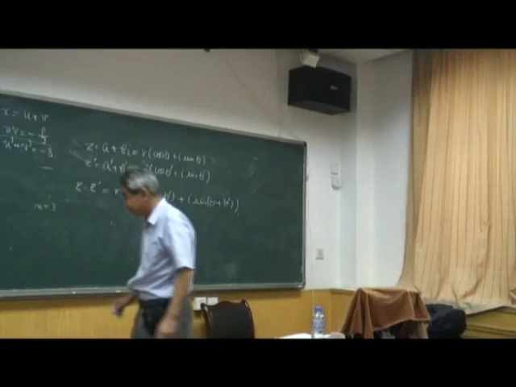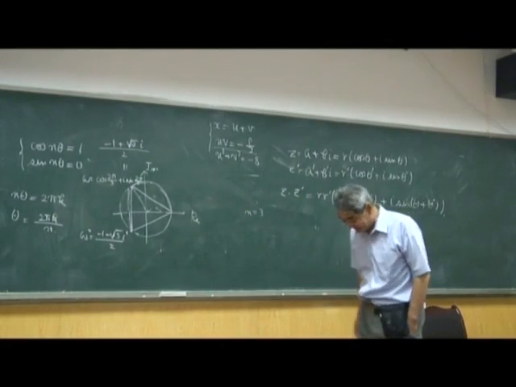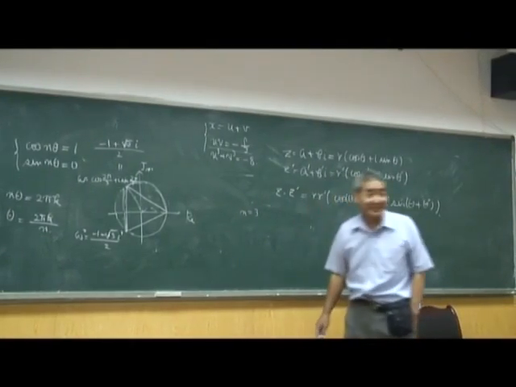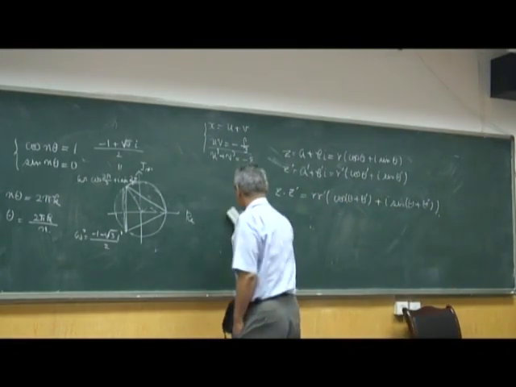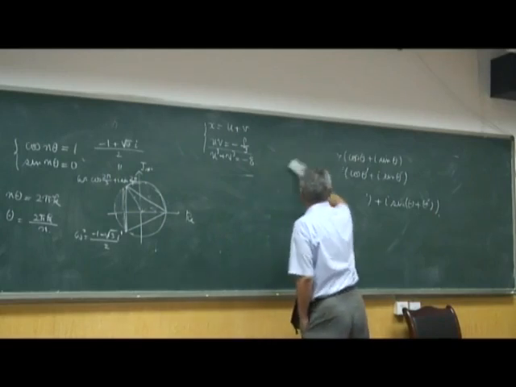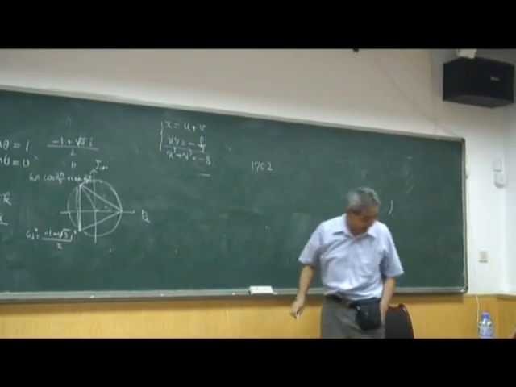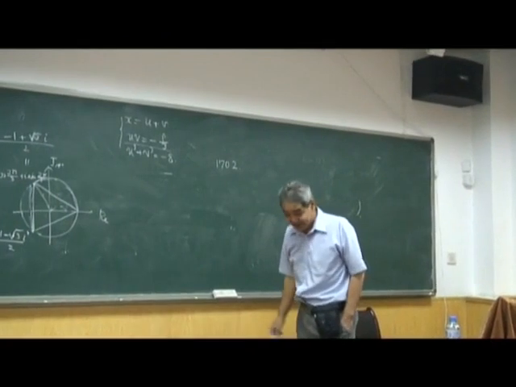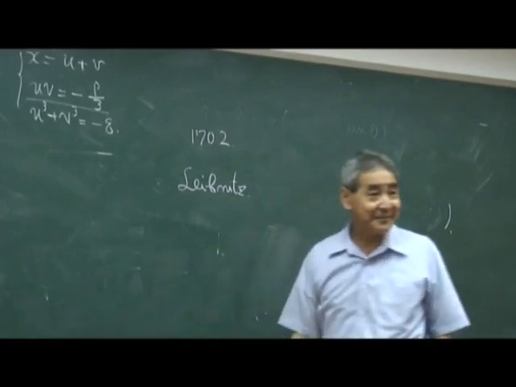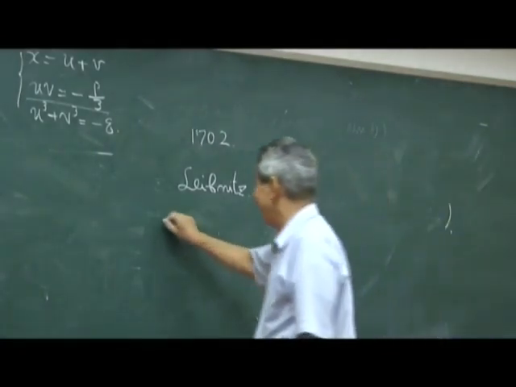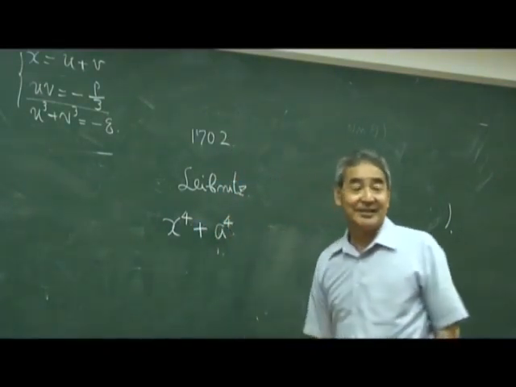Okay. So maybe I went too fast. But there is also a very interesting mistake which Leibniz made. I'll talk about that, and then come back again to complex numbers. So I think in 1702 or something, yes, Leibniz wrote a paper claiming that x to the fourth plus a to the fourth is irreducible.